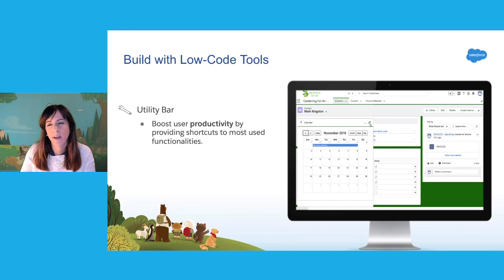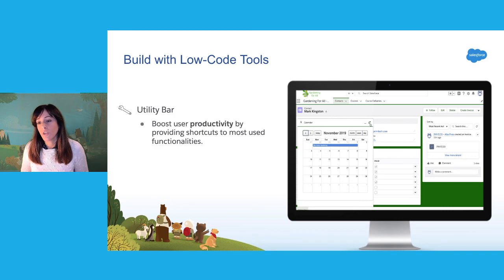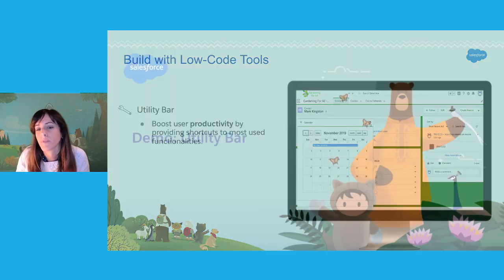Again, in utility bar, you can use the out-of-the-box components that we provide, but you can also use custom components that you build, custom Lightning components, and components that you download from the App Exchange. And also, you can include Visualforce if you want to keep using Visualforce.